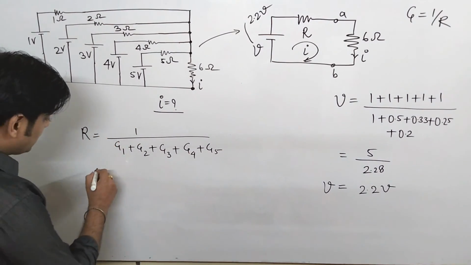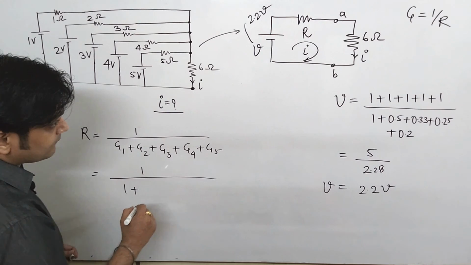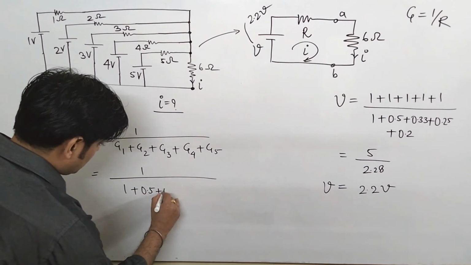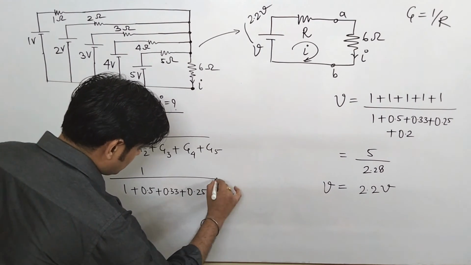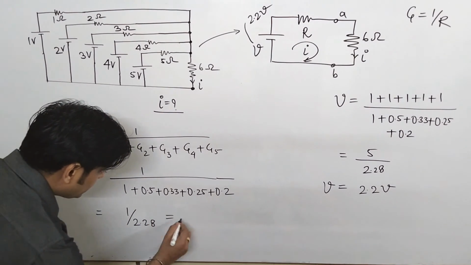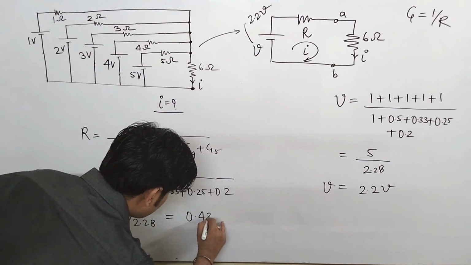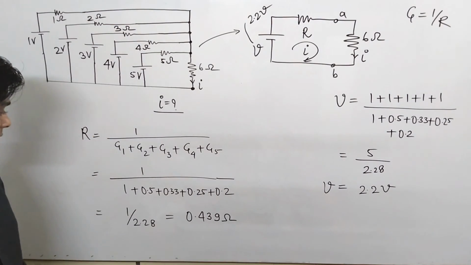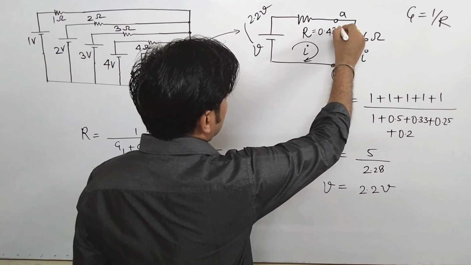This is the value of R. So it is 1 upon 1 plus 0.5 plus 0.33 plus 0.25 plus 0.2, so that comes to be 1 upon 2.28. This comes to be 0.439 ohms. So you got the value of R as 0.439 ohms.